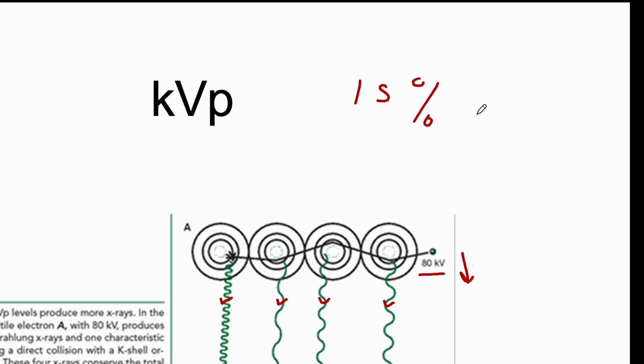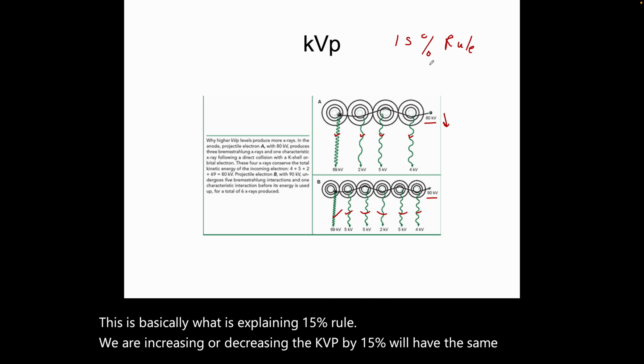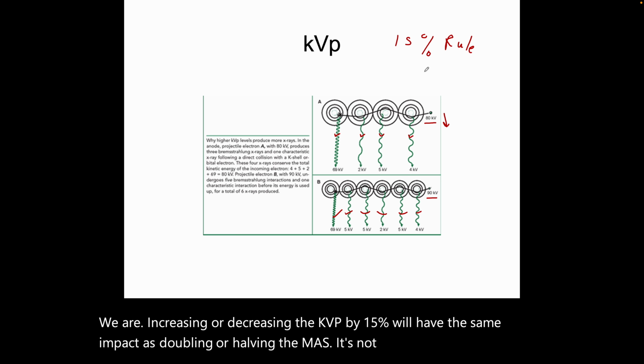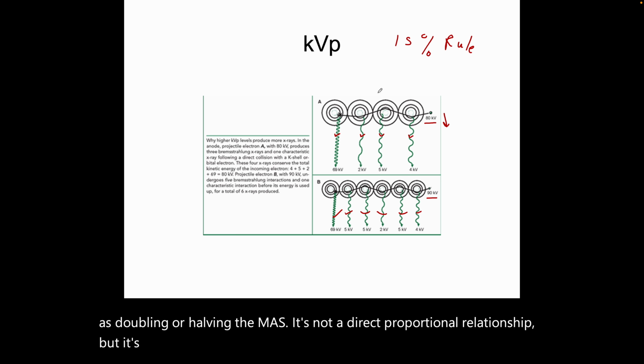This is basically what it's explaining. Increasing or decreasing the kVp by 15% will have the same impact as doubling or halving the mAs. So it's not a direct proportional relationship, but it's a directly related relationship.